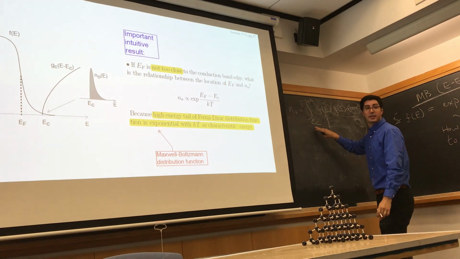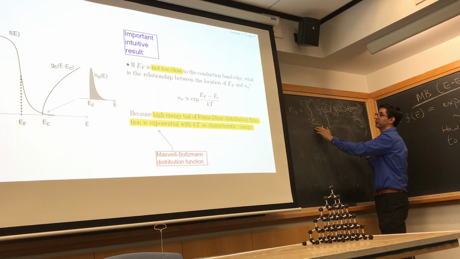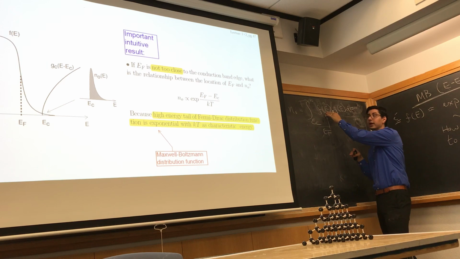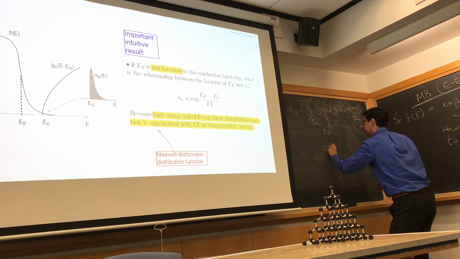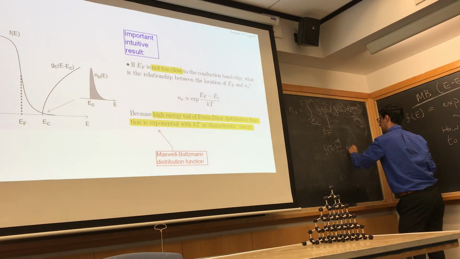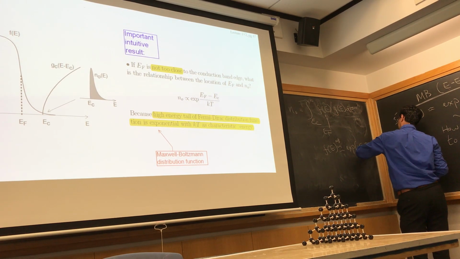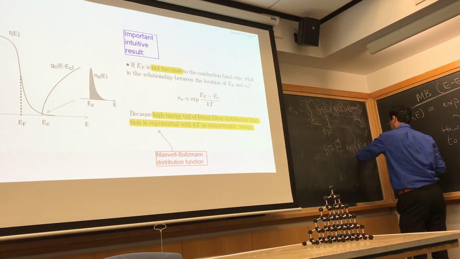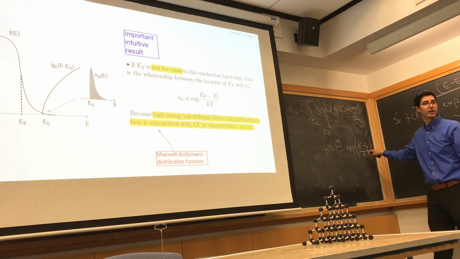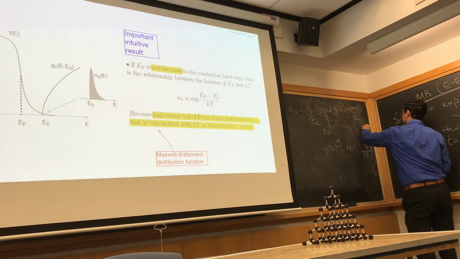Okay, so then this integral just depends on the difference between EC and EF. Right? Because f of E had some form, E minus EF. You're going to evaluate this from EC to infinity.